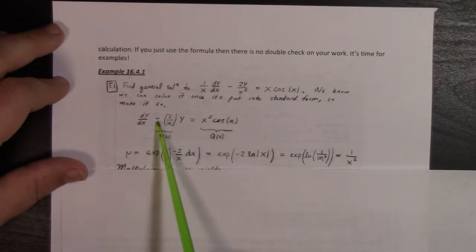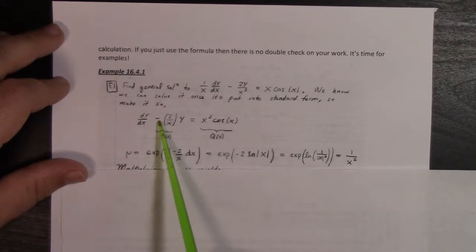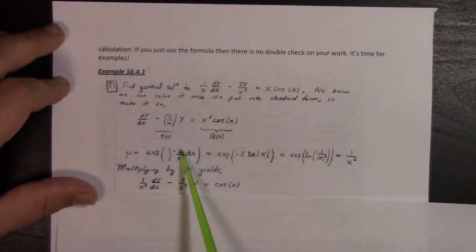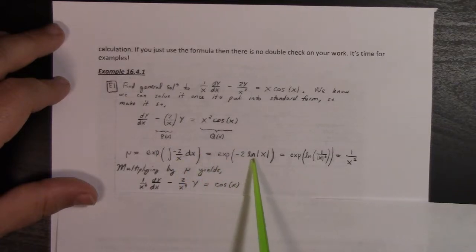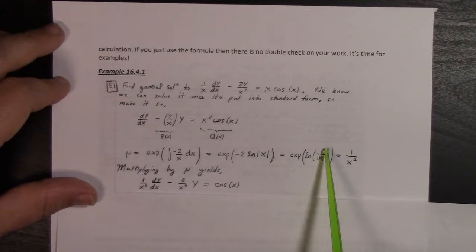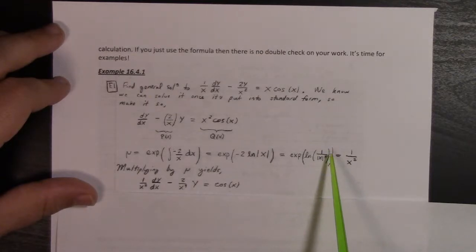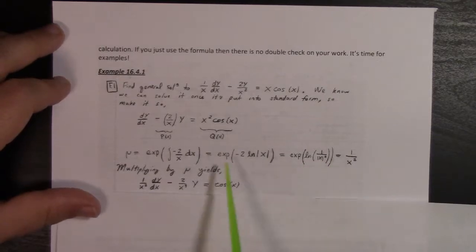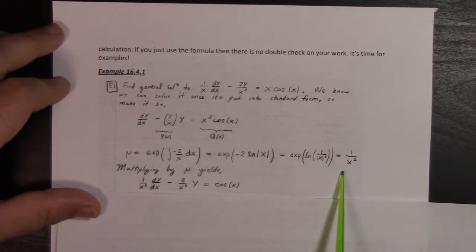Don't lose that minus. That minus is critical. If you ignore the minus, it'll be wrong. So I keep the minus, I integrate, I get -2 log of the absolute value of x, which gives me log of 1 over absolute value of x squared, which simplifies to 1/x². So the integrating factor here is 1/x².